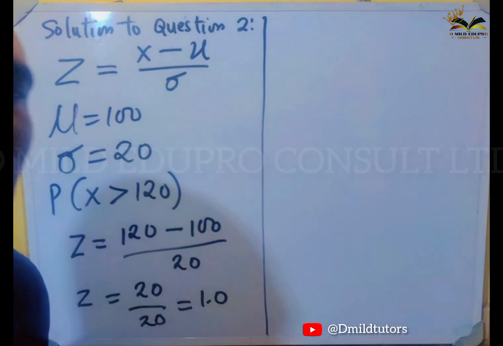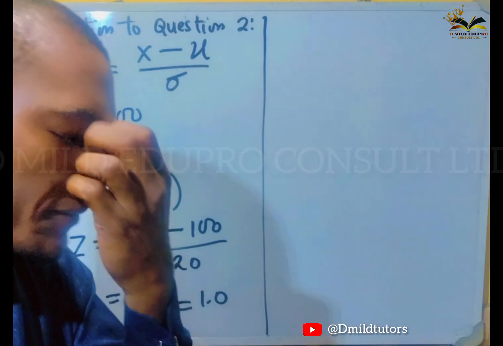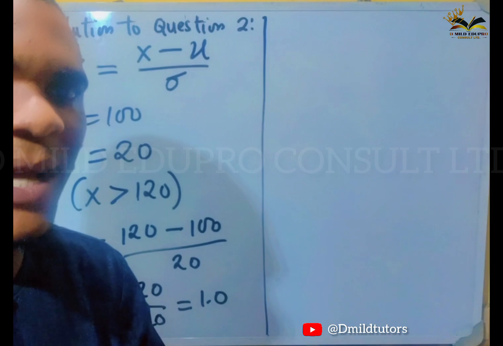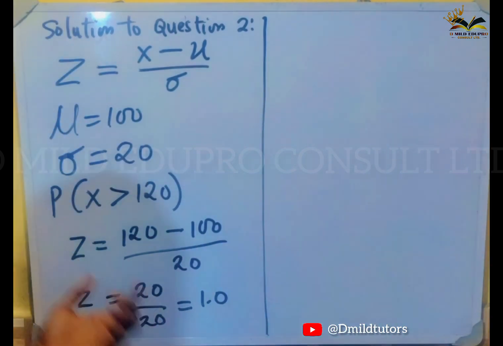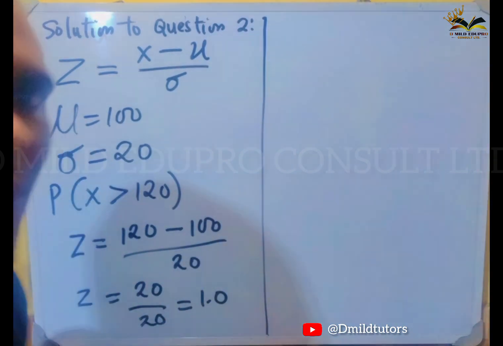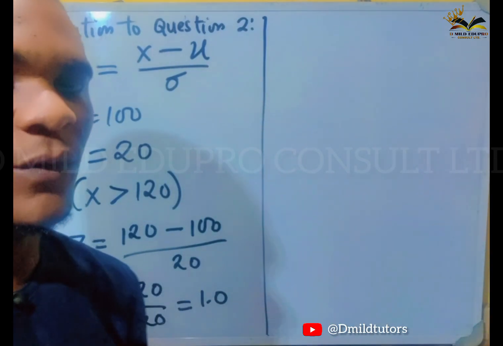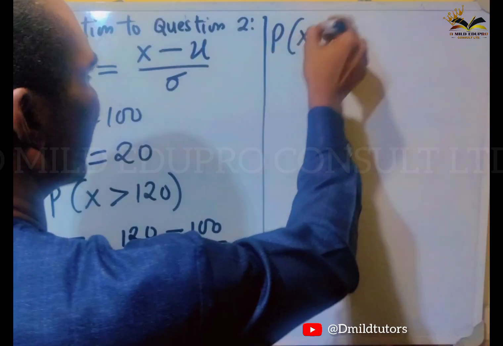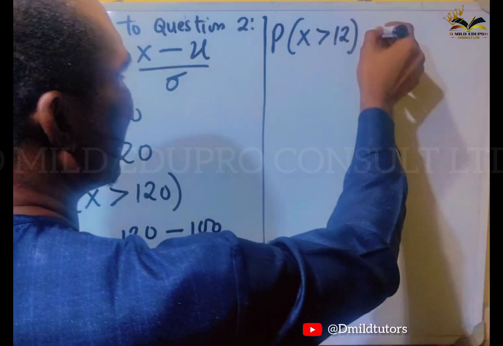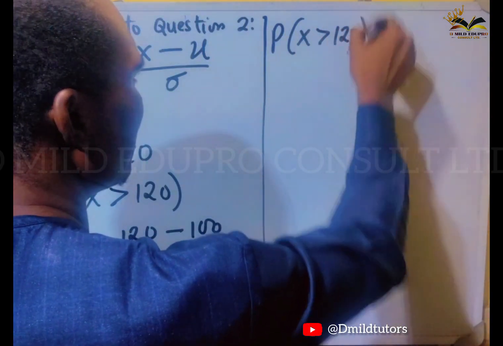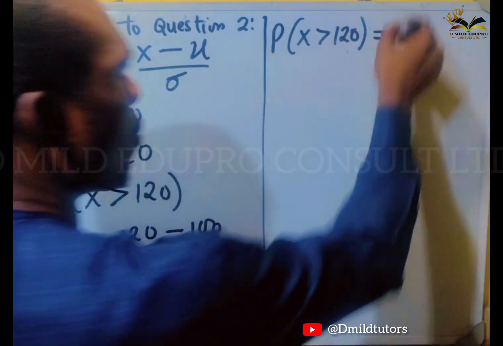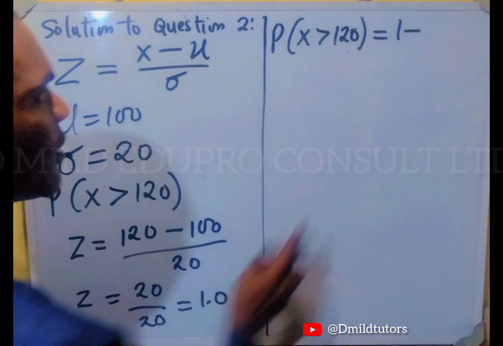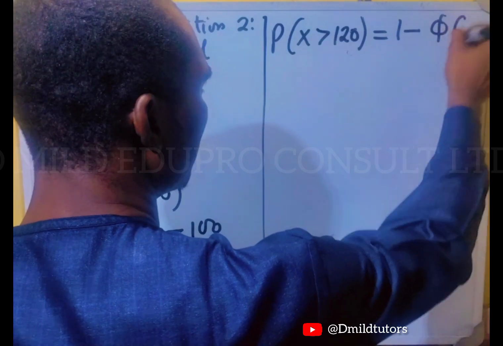Now there is something I want you to know. In statistics we have a standardized statistical table, where you can get your z-score. From there you can get your chi-square score also. So now what we are going to do is this. The value for this z-score is what we will be making use of. The probability of x greater than 120 is the same thing as 1 minus this value you have from the statistical table.